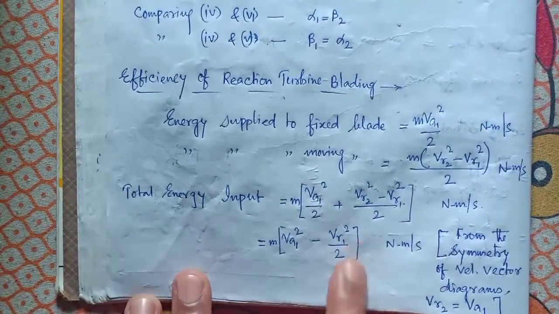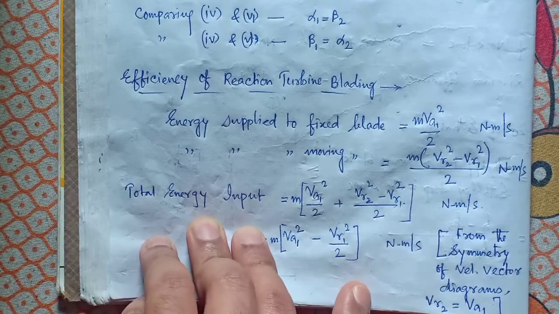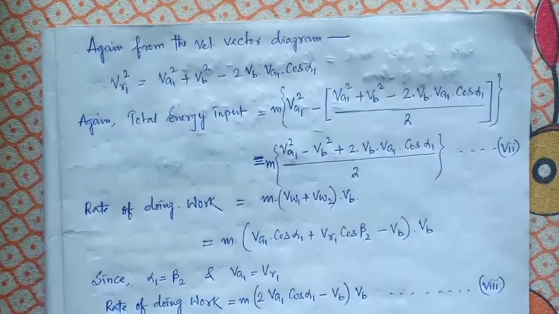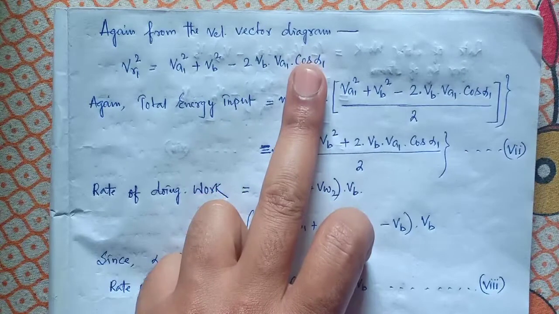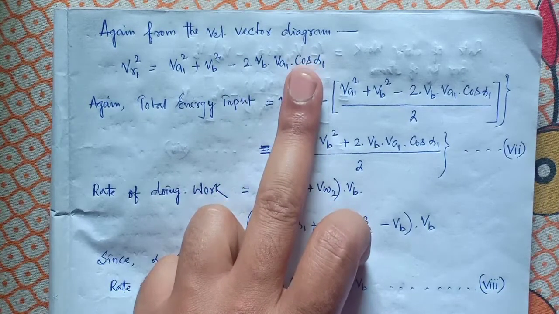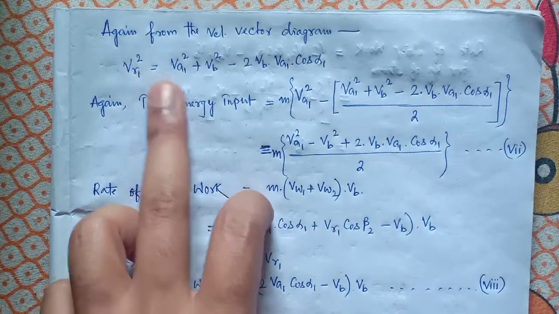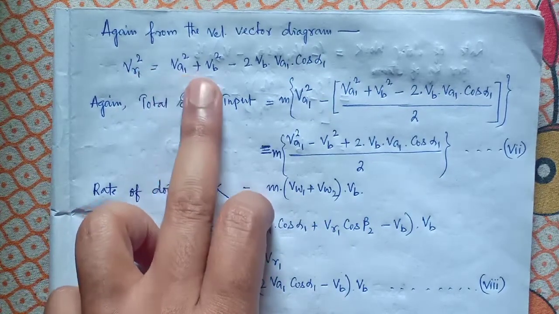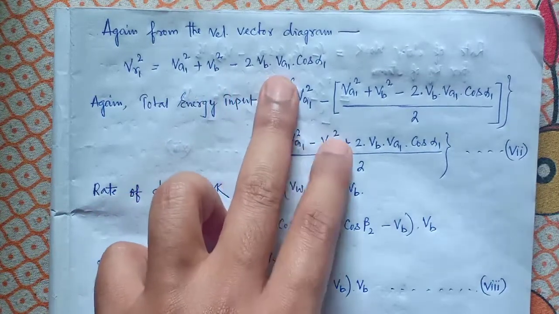So we will have these expressions. Again from the velocity vector diagram, VR1 square equals VA1 square plus VB square minus 2 into VB into VA1 cos alpha 1.